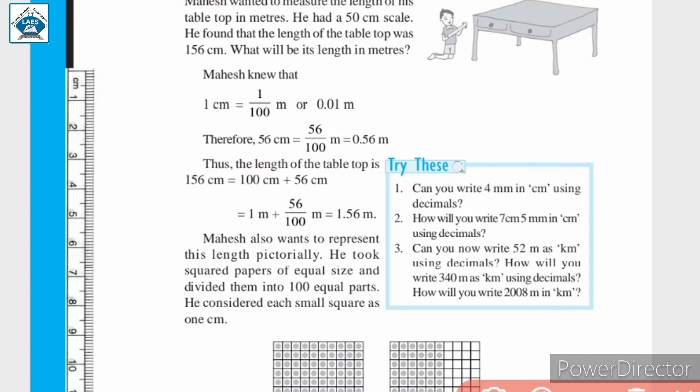Therefore 156 centimeter can be written as 100 centimeter plus 56 centimeter. 100 centimeters make 1 meter and 56 centimeter is nothing but 0.56 meters. तो दोनों को ऐड करके we will get 1.56 meters. So in this way we can convert centimeter to meters using decimals.